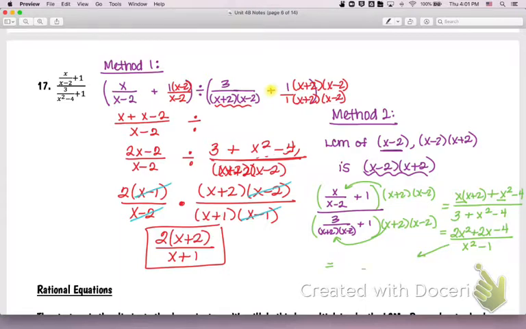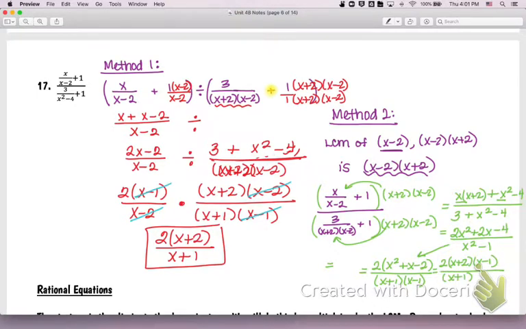So on the top, we can factor out a 2, and that's going to leave us with x squared plus x minus 2. Over x plus 1, x minus 1, which we can factor again to x plus 2, x minus 1.